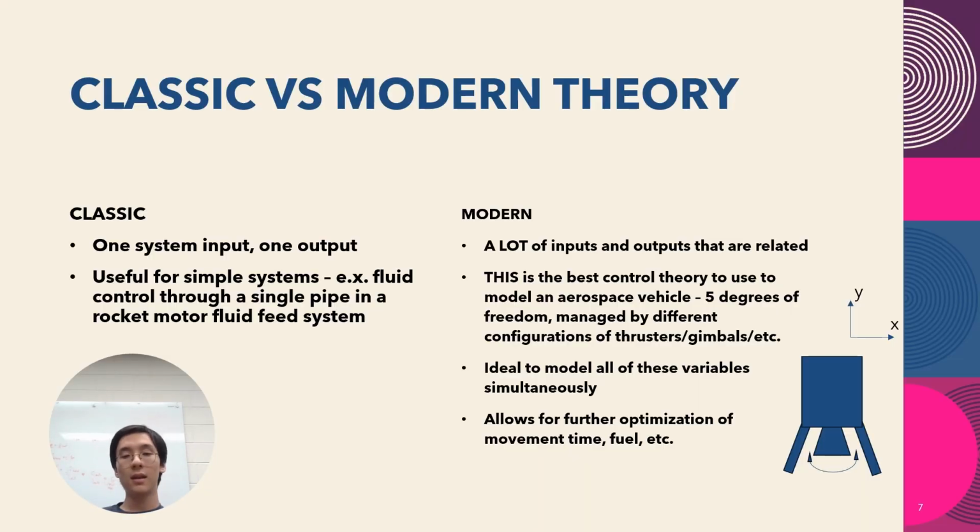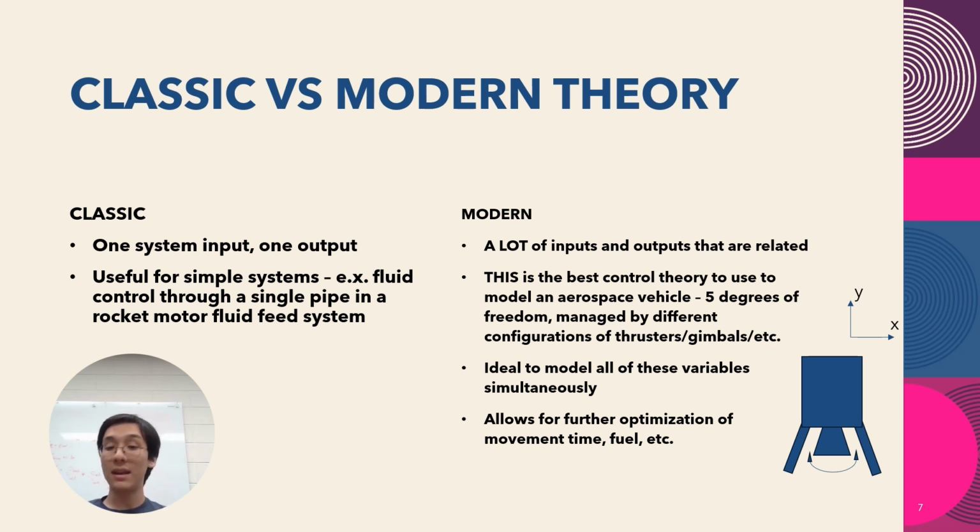There are two big control theories that we talk about. One is classic control theory, which is basically one system input, one output. That's useful for simple systems like fluid control through a single pipe. However, in aerospace, what's more common is modern control theory, where you can take a lot of inputs and outputs that are related to each other, which is what you have whenever you have an aerospace vehicle flying independently.